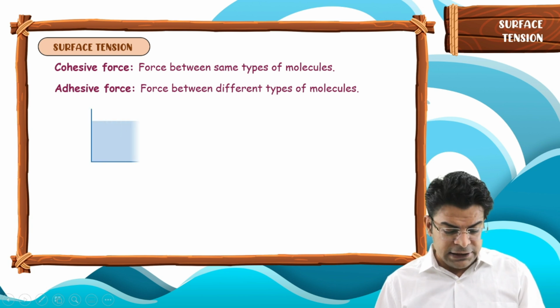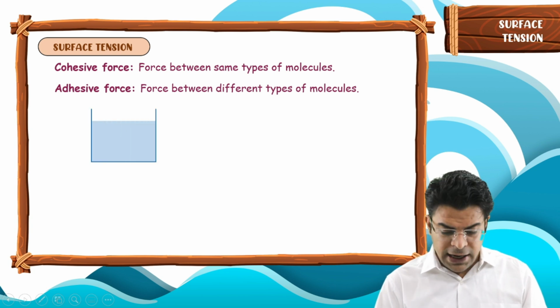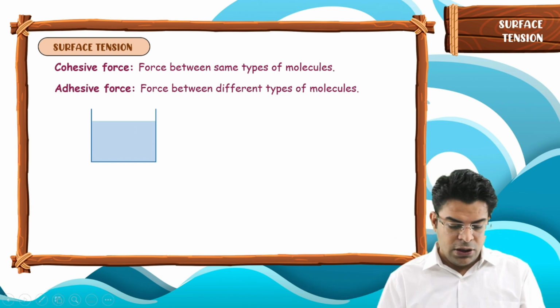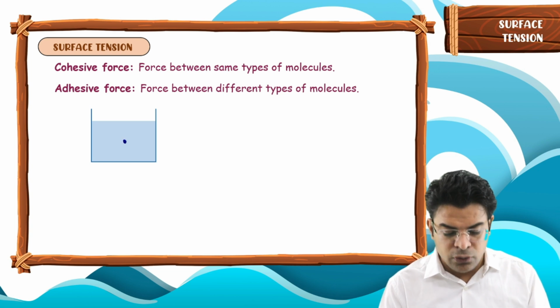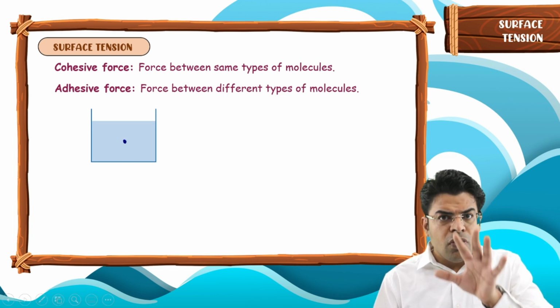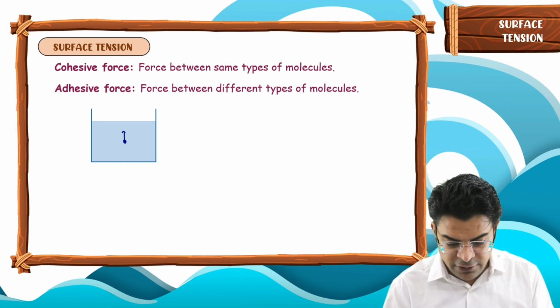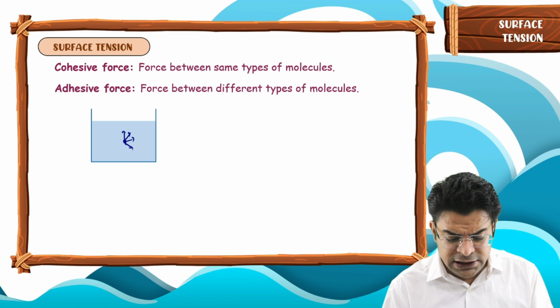To understand this, visualize a container. In the bulk of the fluid, somewhere away from the surface, visualize one molecule of the fluid. Due to all the other molecules present in the vicinity, there will be attractive forces in all directions.